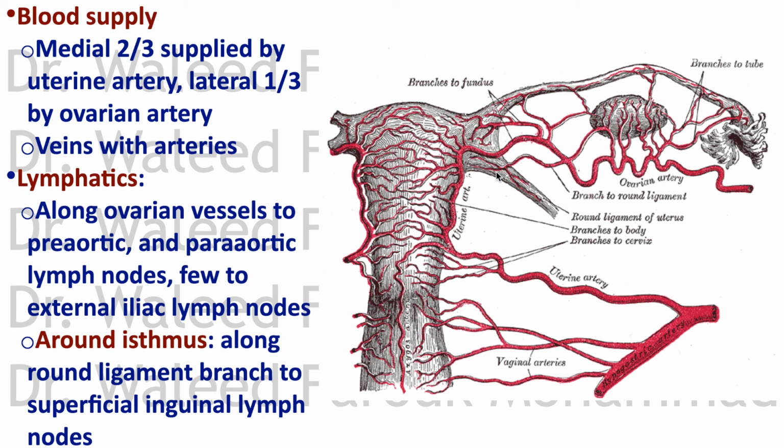Remember the lymph drainage of the uterine tube: laterally to the pre-aortic and para-aortic lymph nodes, medially through the lymphatics along the course of the round ligament to the superficial inguinal lymph nodes. Of course, you expect that the lymph drainage of the rest of the uterus is to the external and internal iliac lymph nodes. We will study this with the uterus.